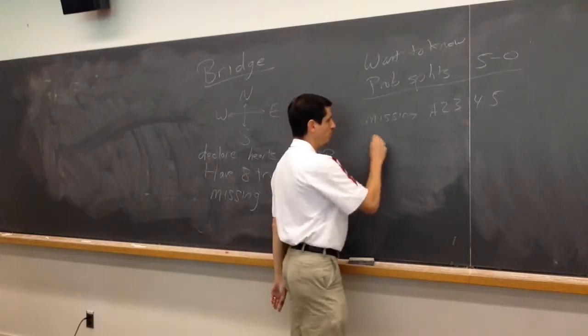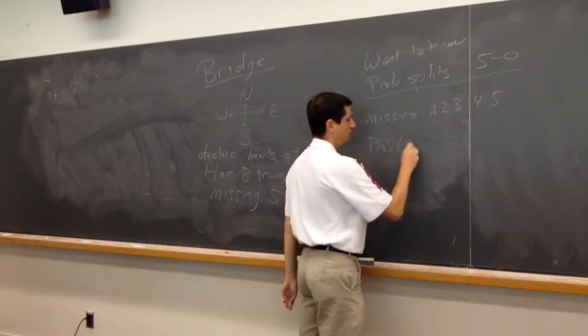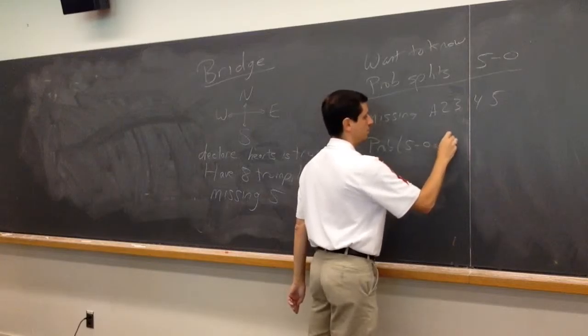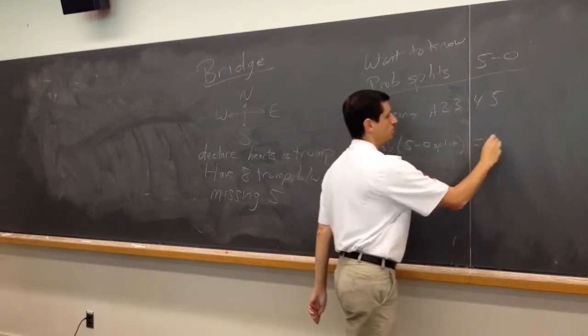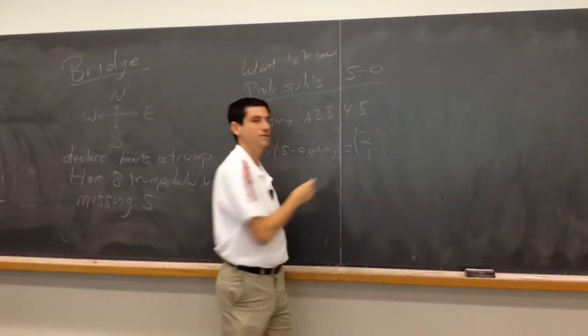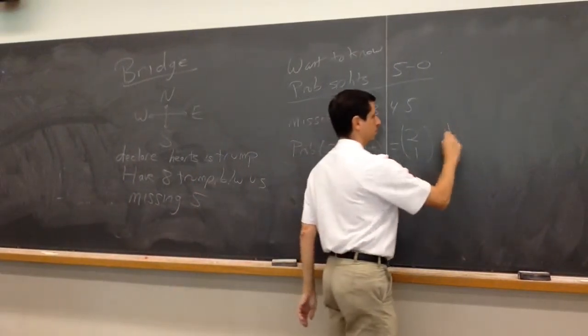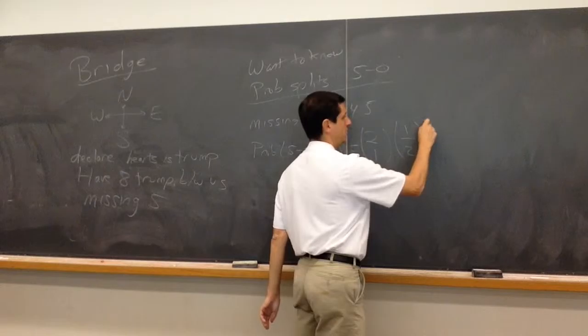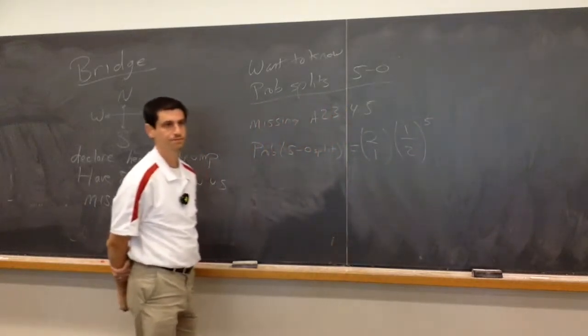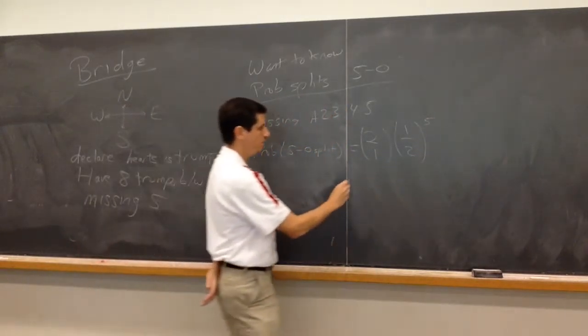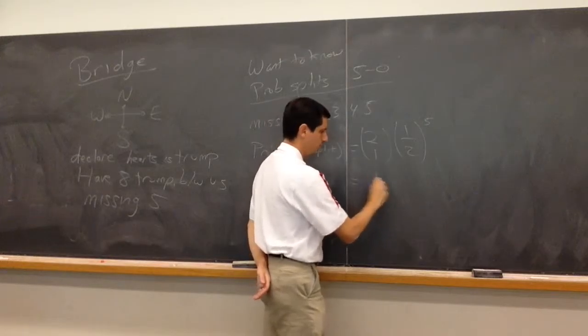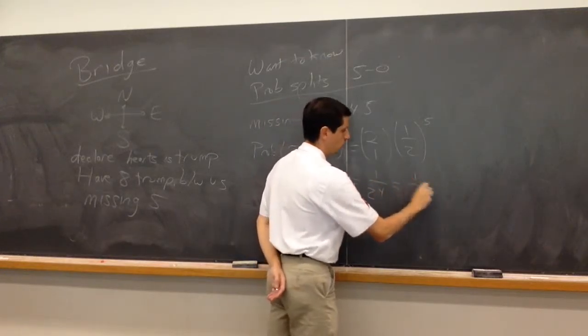So the probability of a 5-0 split is going to be 2 choose 1, because I have 2 players who could have all 5 trump, times 1/2 to the 5th. So that would be 1/2 to the 4th, or 1/16.